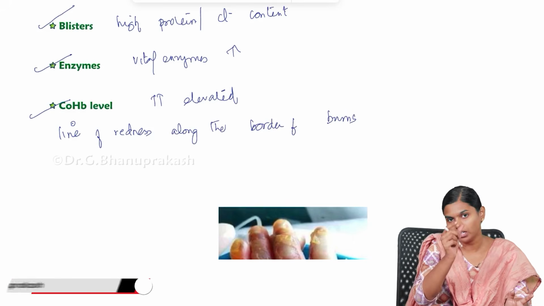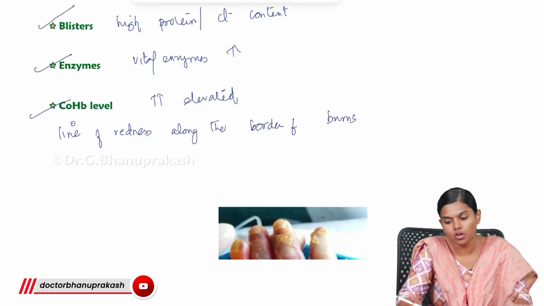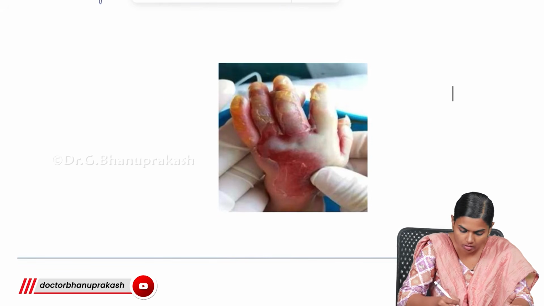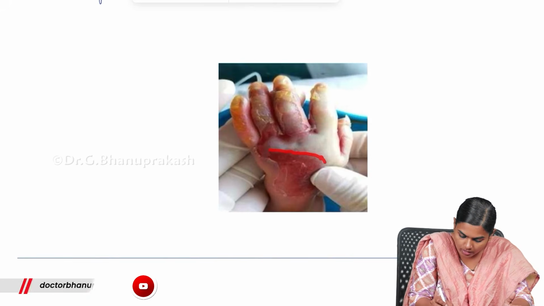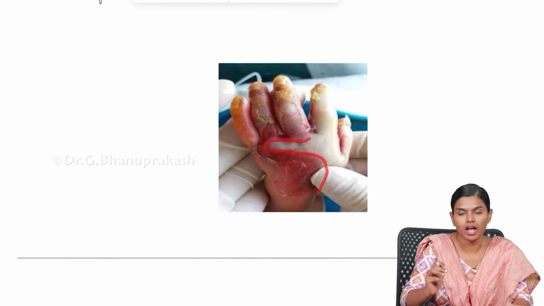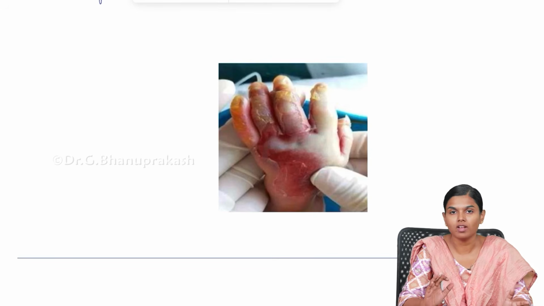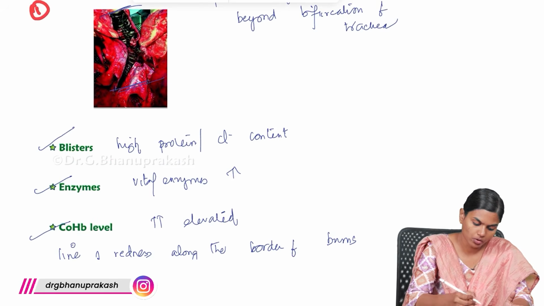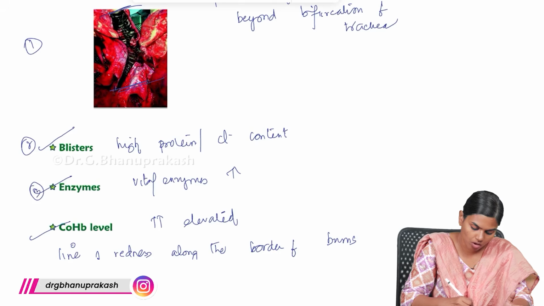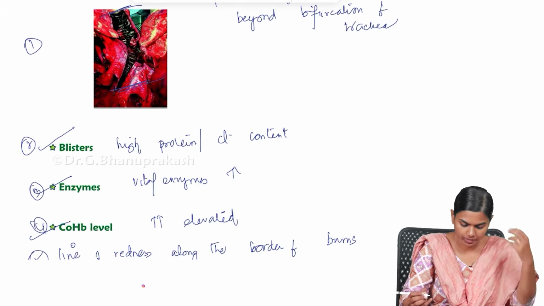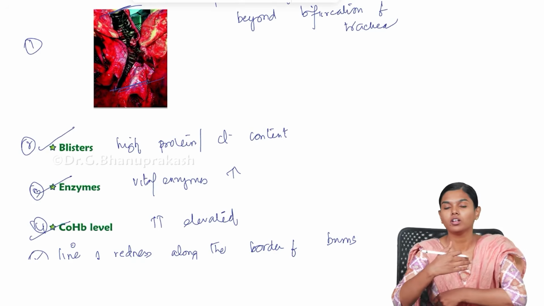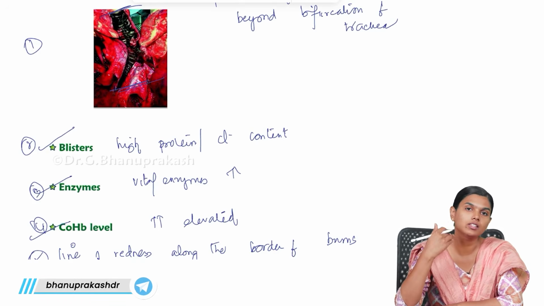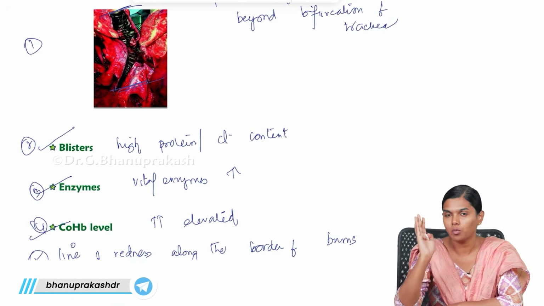If you see any burn injury, if you look at the border where the normal skin meets the burn injury, you will see one line of redness. See, do you see this here? This redness is the line of redness, and this is present only in case of antemortem burns. So, by looking at all these features, the soot deposition, blister formation, enzyme levels, carboxyhemoglobin levels, and line of redness along the border of the burn injury, you can say whether it is a case of antemortem burn or postmortem burns.